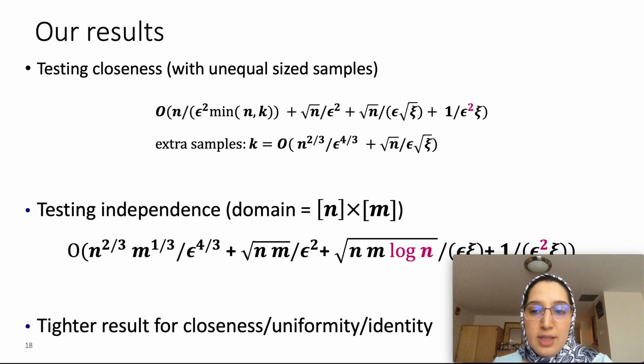And we also consider testing independence, and all of these results are almost tight, except the red terms that you see in the slide. Most of the time, for the most interesting regime of the parameters, those terms with the red expressions are not the dominating terms. So for most regimes of the parameters, our algorithms are tight.